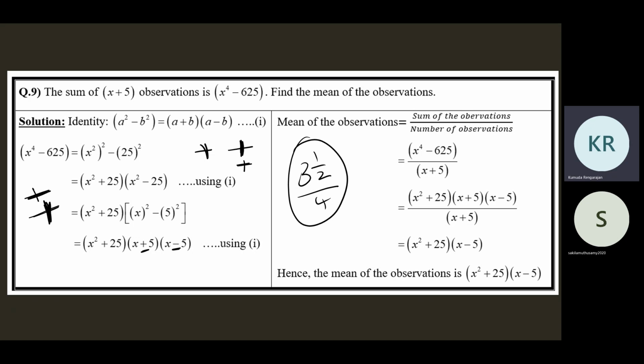The third step, x square plus 25 into x square minus 5 square is what? See there, x minus 5 into x plus 5. You've written x square there. Yes, ma'am, I understand. Yeah, x square plus 25 into x square plus 5. So that last part you've just muddled it.